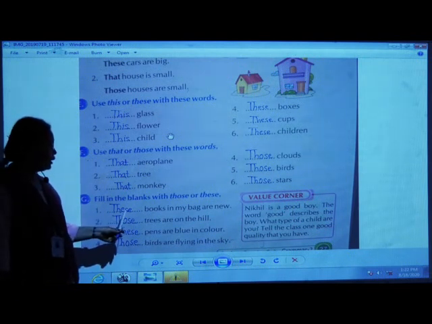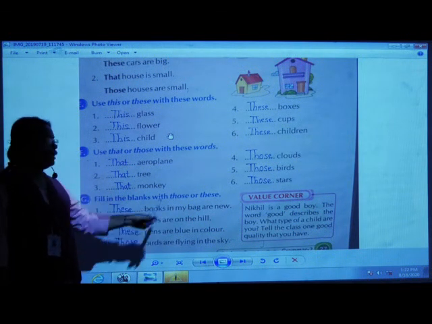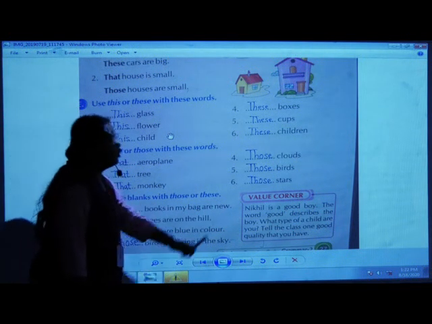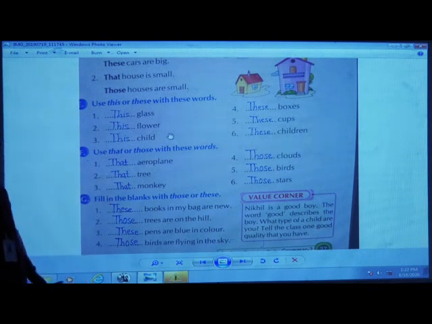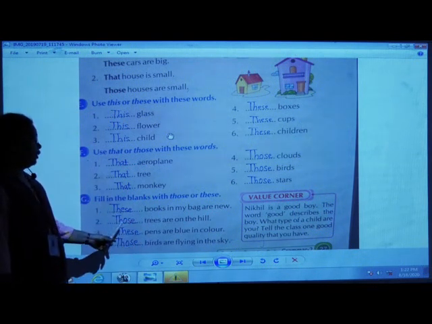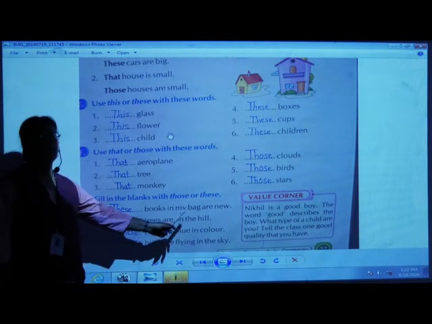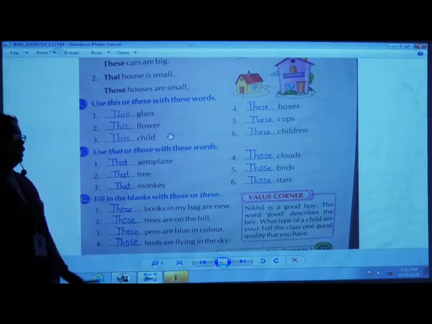So, fill in the blanks. These books in my bag are new. Then those trees are on the hill.